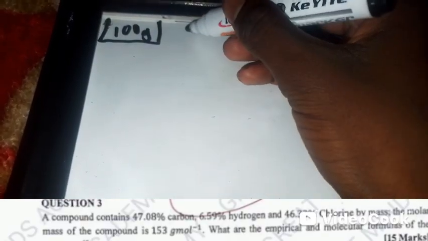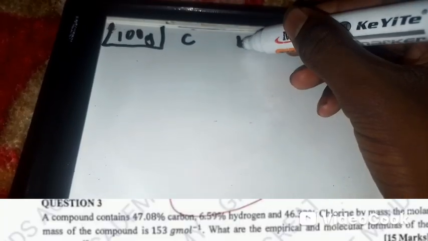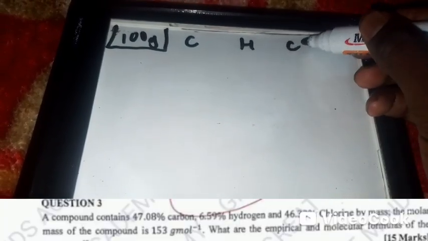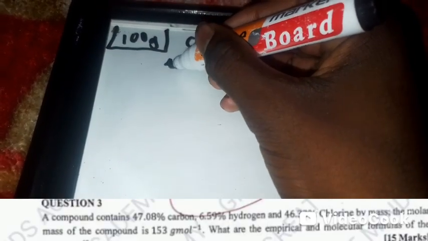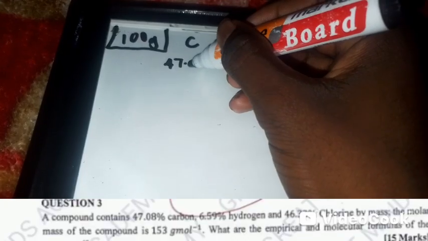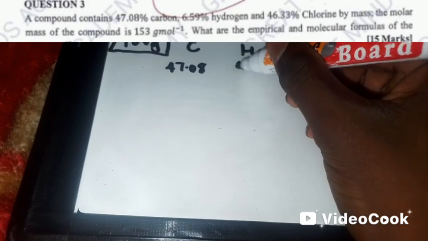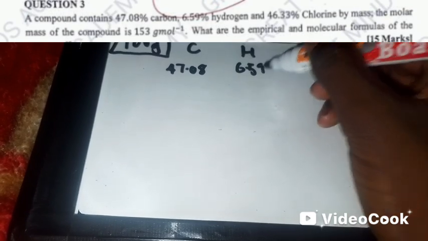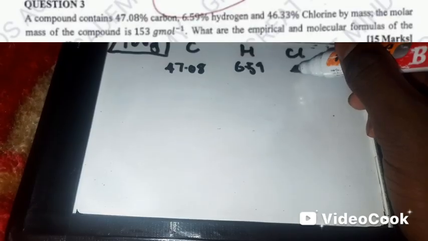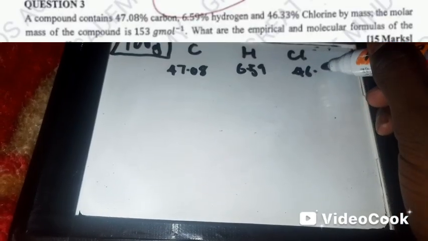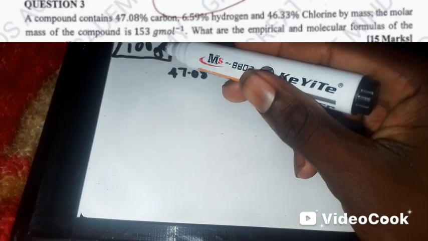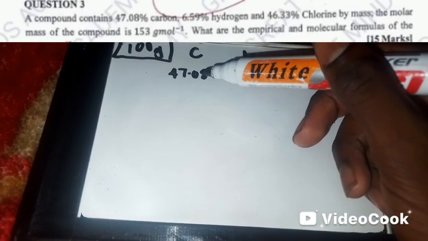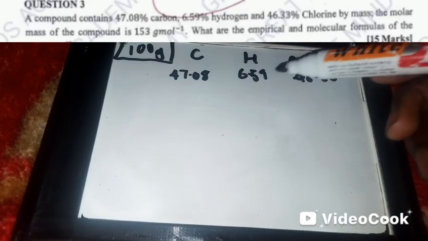So what this means is that since we have carbon, hydrogen, and chlorine, and we have exactly 47.08% of carbon, and we have 6.59% of hydrogen, and we also have 46.33% of chlorine. If we have exactly 100 grams, meaning that we have 47.08 grams of this, and just like that.